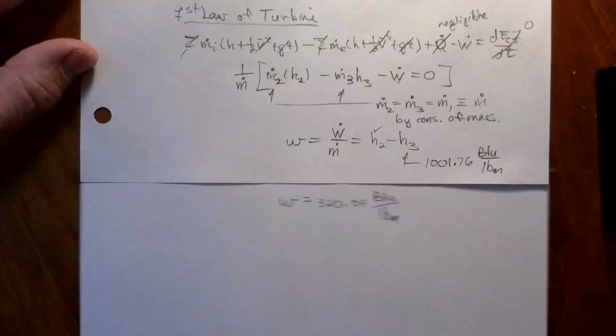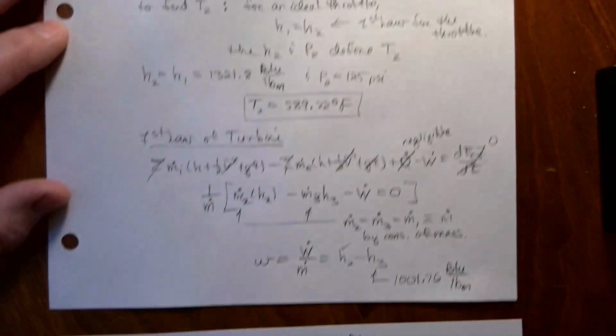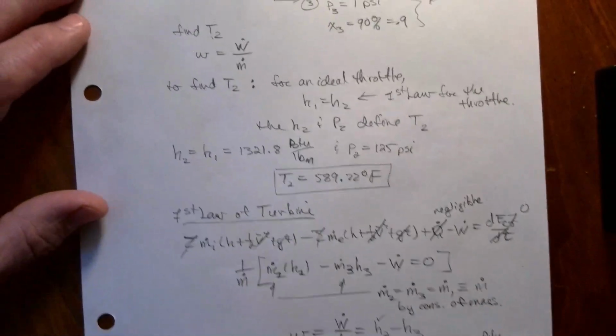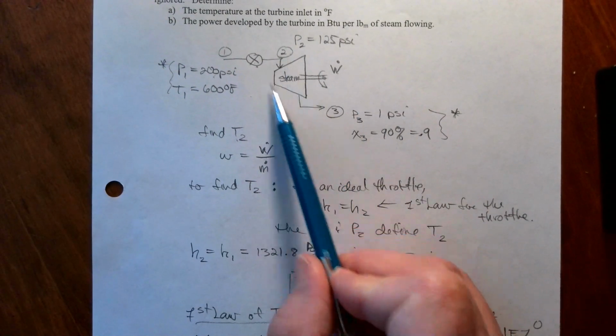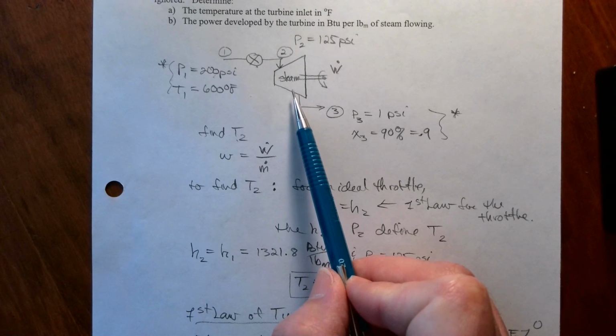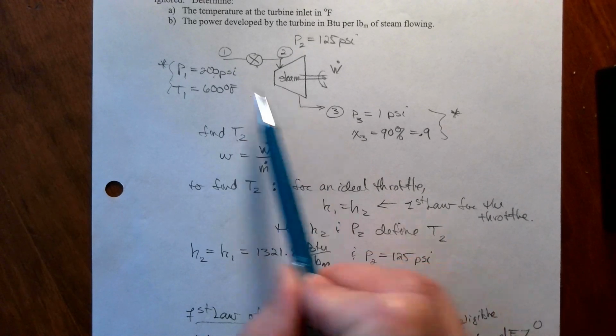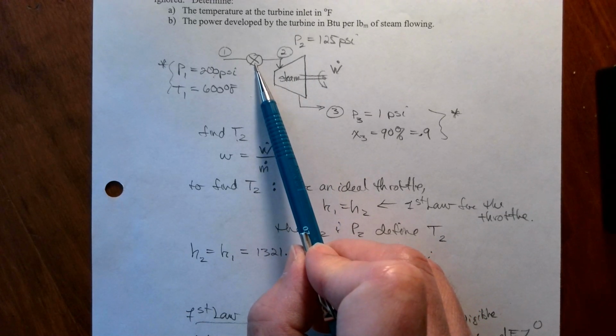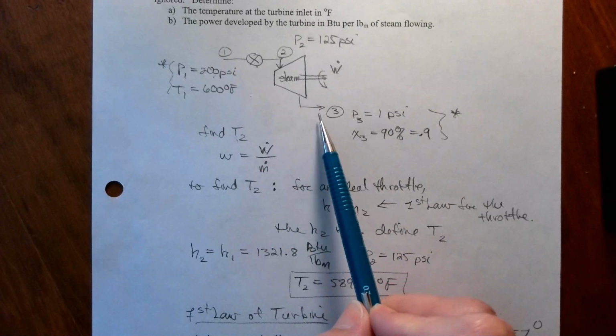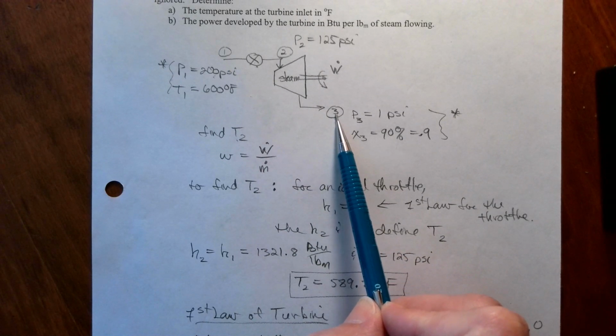I want to also point out for this example, going back and looking at our device, that we could have performed an energy analysis of the entire steam throttle and turbine unit. So the inlet is 1 and the exit is 3.